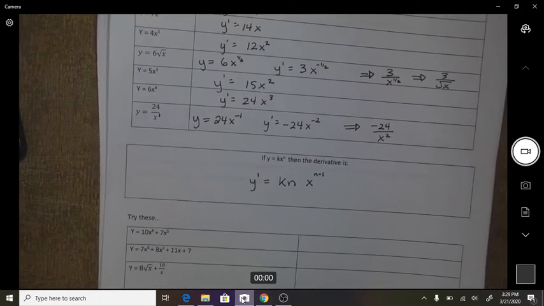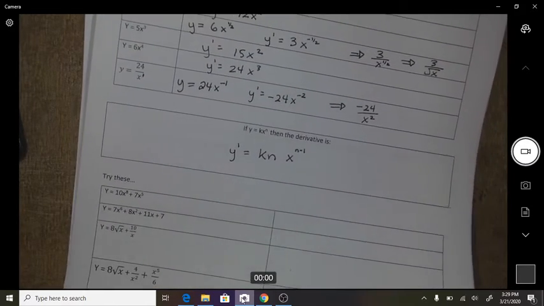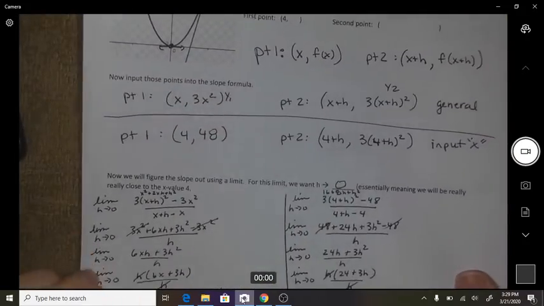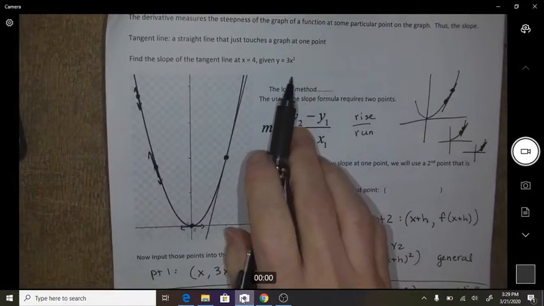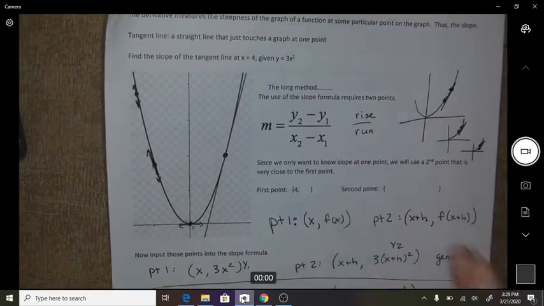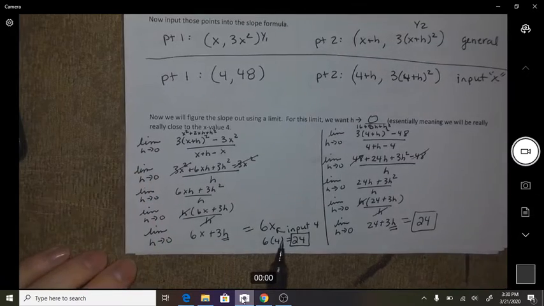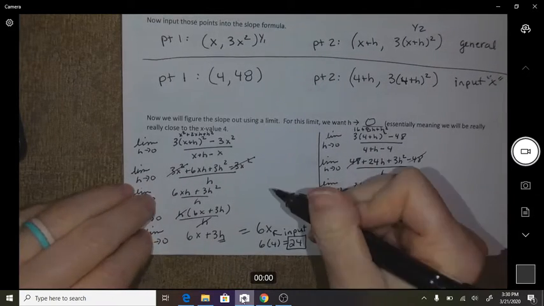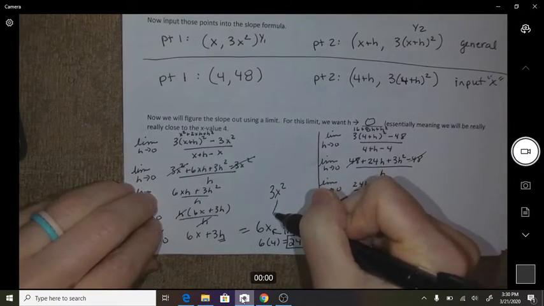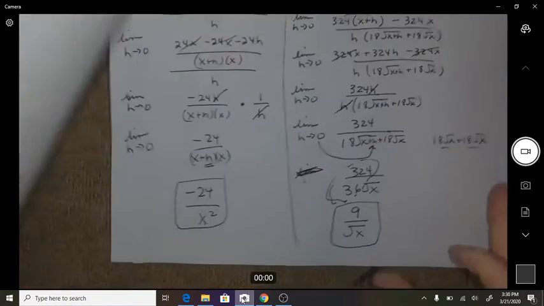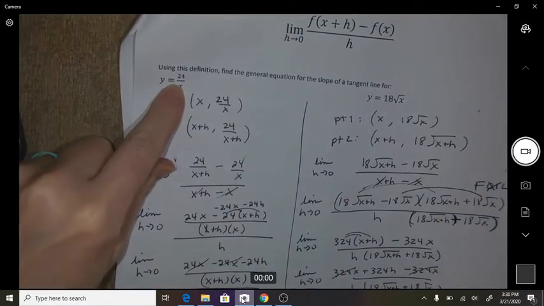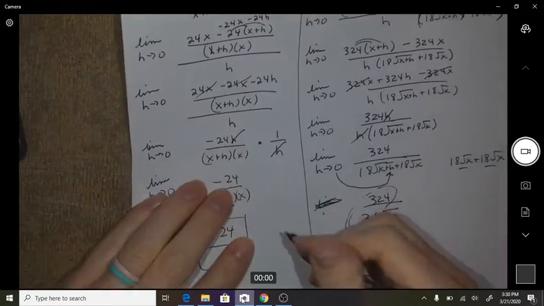Okay, so let's check out the ones we did yesterday. So we had these ones, so we did this the long way, and look at what we got, 6x. See how it turned into that. 24 over x.